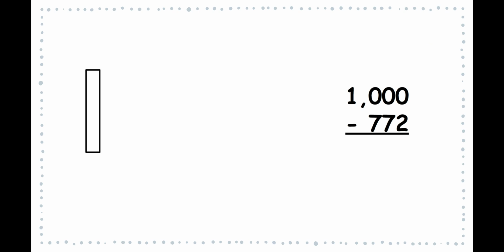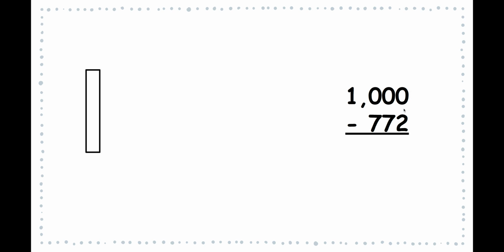So let's start off with a problem where we have 1,000. And I have my model for 1,000. Notice I don't have any hundreds, I don't have any tens, and I don't have any ones. I just have 1,000.